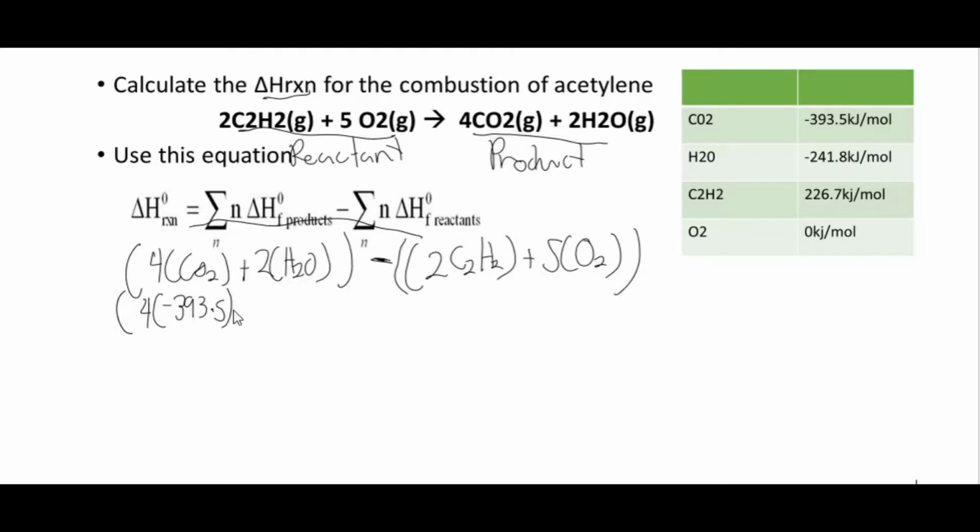Then, what's the value of 2 H2O? 2 times negative 241.8, minus, what's the value of acetylene? It's 206.7. What's the value of oxygen? It's 0. Now, let's add and multiply everything in this equation.